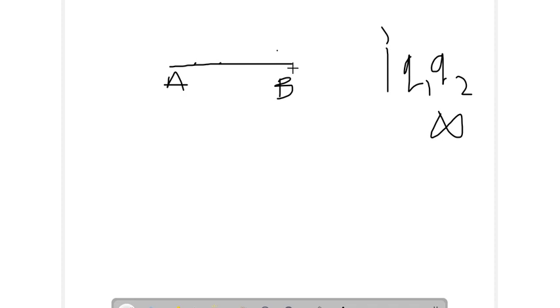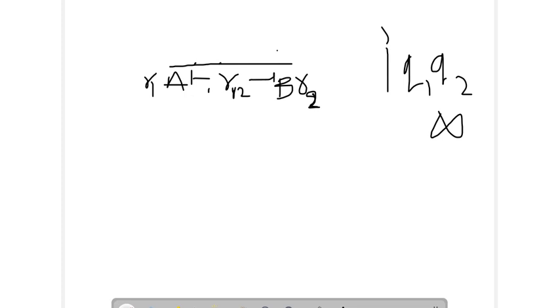Let the charges be brought to points A and B having position vectors R1 bar and R2 bar. These are R1 and R2 bar, the position vectors, so in vector form it will be R12. Am I right or not?